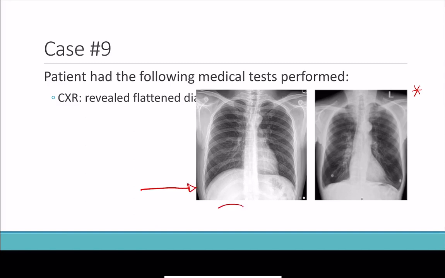You get this nice curve, right, that you can visibly see on either side. And when you compare it now to the right, hopefully that flattened diaphragm becomes even more obvious to you. The full length of blackness on the chest x-ray helps to illustrate that hyperinflation, that there's a lot of air in the lung and it might be pushing down on the diaphragm.